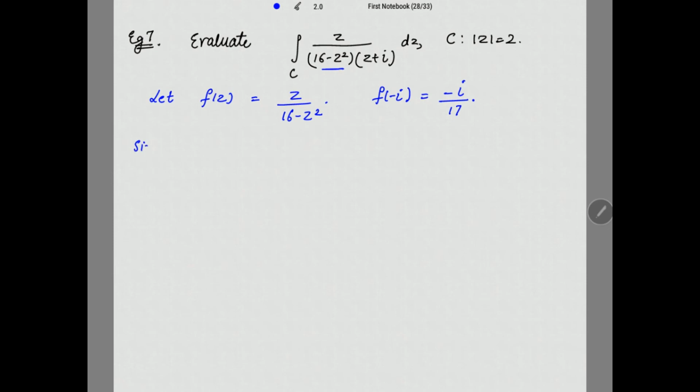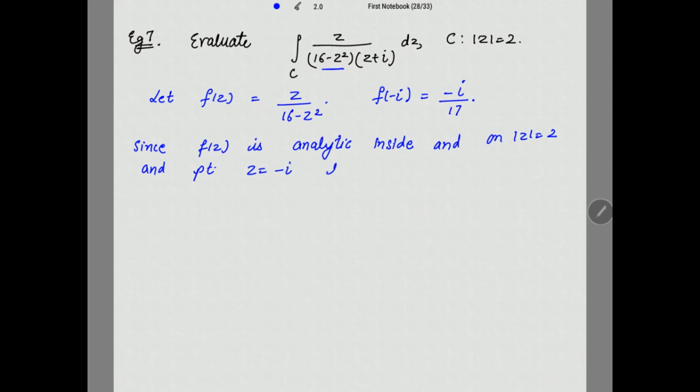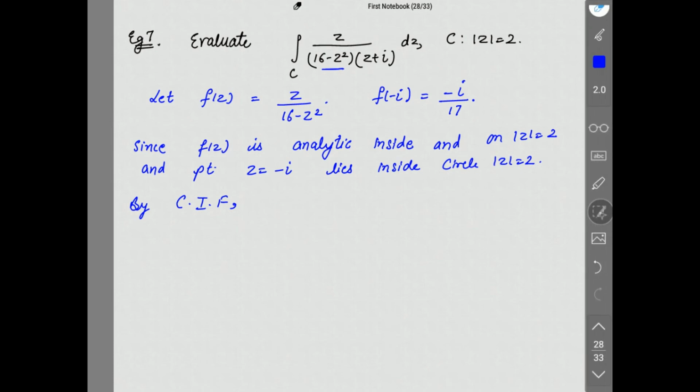Now, since f of z is analytic inside and on mod z is equal to 2, and the point z equal to minus iota lies inside the circle mod z equal to 2, by Cauchy's first integral formula, I'm writing CIF for Cauchy's first integral formula.